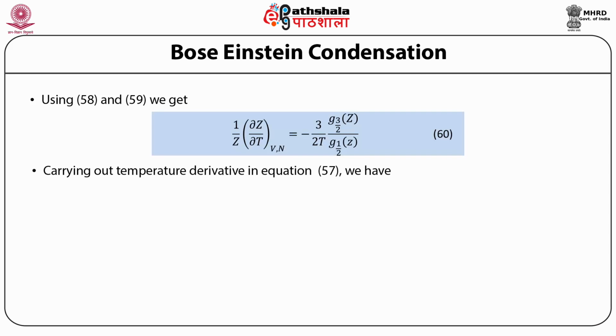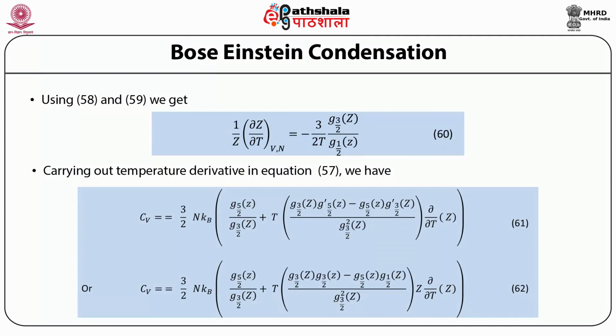Carrying out the temperature derivative in equation 57, we have the specific heat at constant volume equal to 3/2 n kB multiplied by the Bose integral of order 5/2 divided by the Bose integral of order 3/2 plus T multiplied by the Bose integral of order 3/2 multiplied by the Bose integral of order 5/2 minus the Bose integral of order 5/2 into the Bose integral of order 3/2.